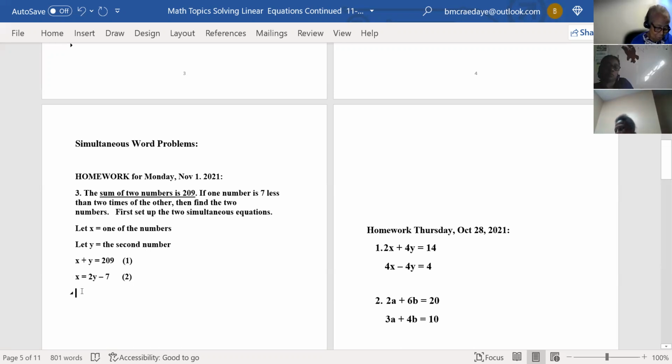All right, substitute 2 in 1 for x. So what you're going to do is take this equation.